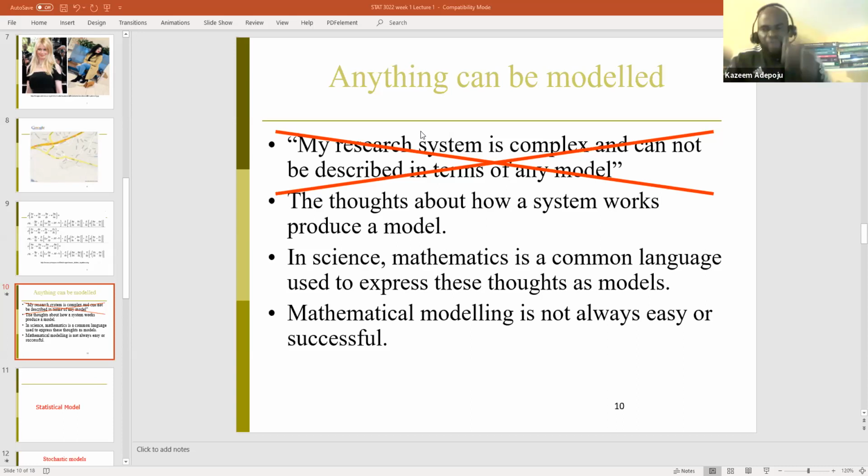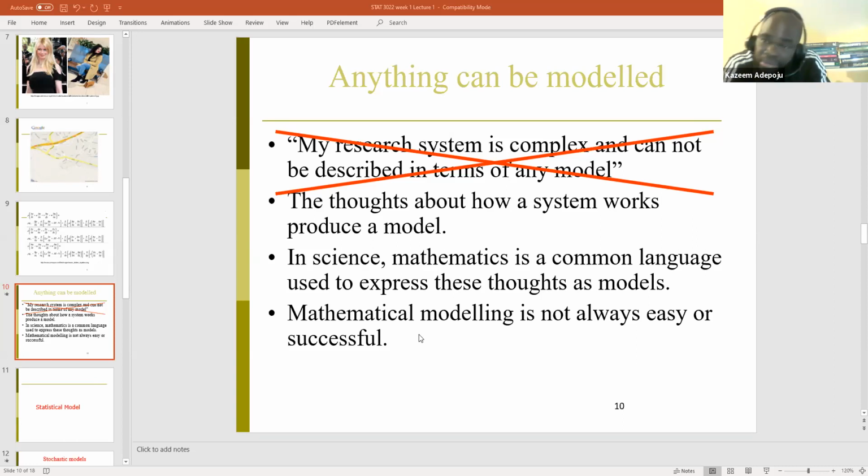We have a thought, and we now want to put that into mathematical expression. When I put that into mathematical expression, then I'm talking about a model.